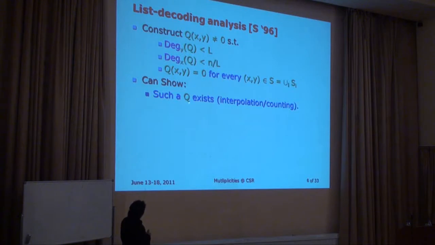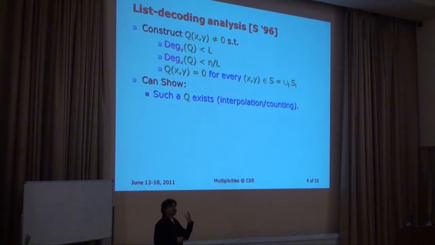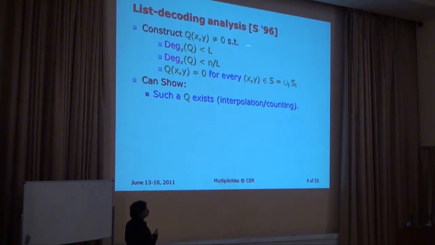Why? You look at the number of coefficients that you're seeking. How many coefficients have I got to find out? The number of those coefficients is L plus 1 times n over L plus 1, which is a number greater than n. So that's the number of degrees of freedom that you have. The number of constraints that you have is n, each one of which is saying q of xi, yi equals 0.